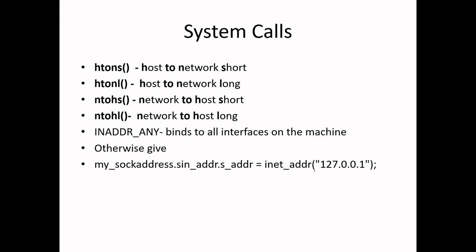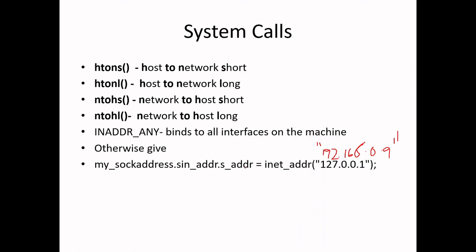Otherwise, you can give it like this. This is the loopback address, but here you can give a valid address like 192.168.0.9. You give it here, and the inet_addr function will convert this dotted decimal format into an actual 32-bit number, which will be assigned to the socket address.